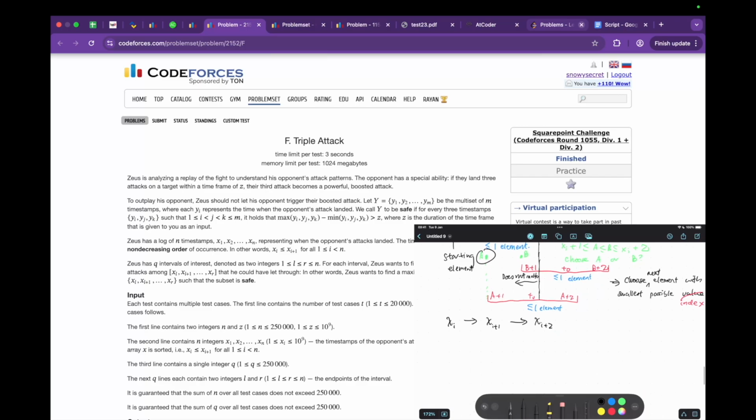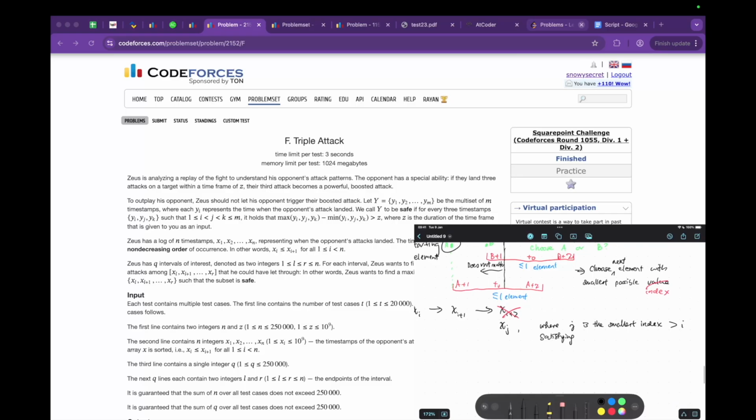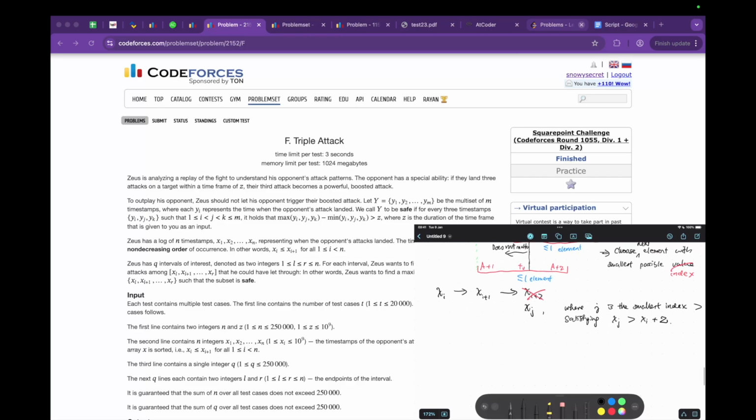So here we're actually selecting not xi plus 2, but some xj where j is the smallest index greater than i plus 1, satisfying xj is greater than xi plus z. So that is how we choose the third element, and for each subsequent position, we would use the same algorithm.